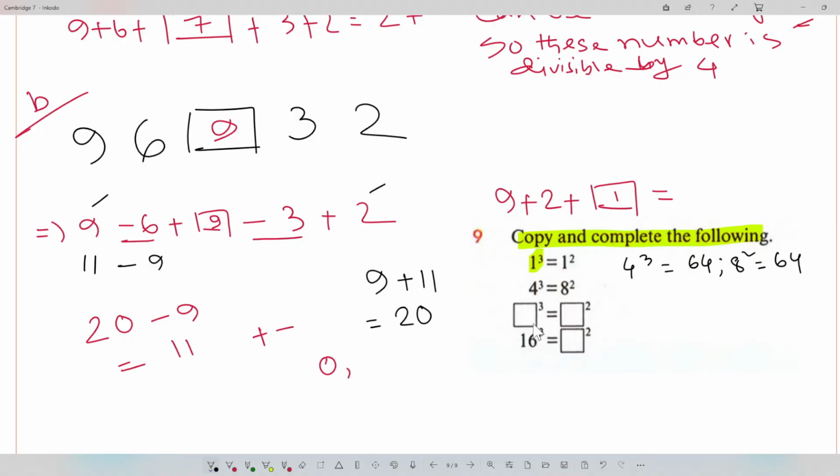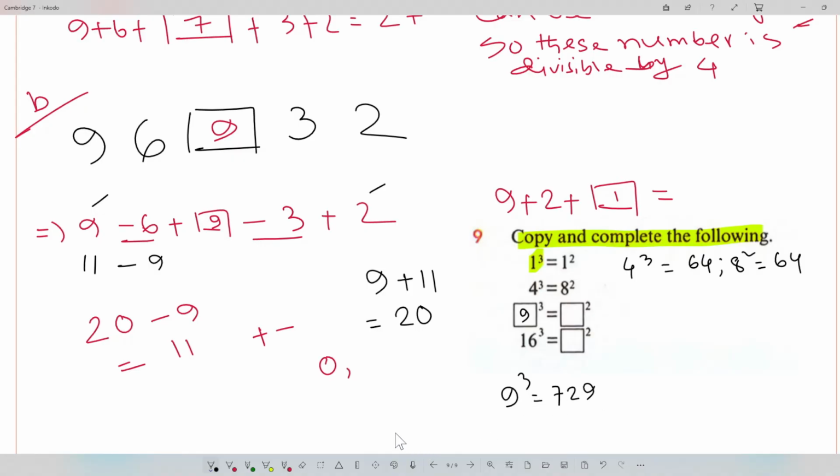So we have to find out the similar thing. Suppose 9 cube. Okay, look, 9 cube is 729.